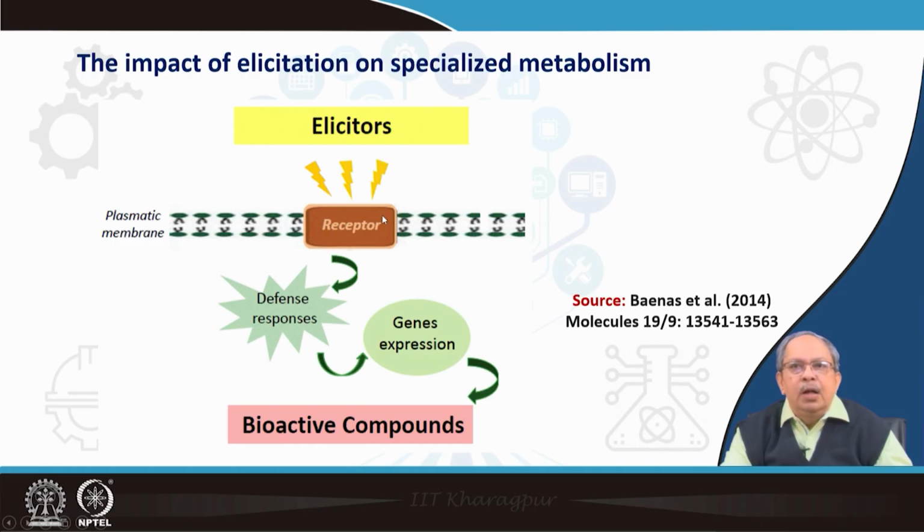Receptors are nothing but a type of protein, which will recognize this elicitor, and once they recognize it, certain metabolism is activated. We will talk about that a bit later. As a result, there will be induction of a defense response, with a lot of physiological changes, including the expression of genes related to the formation of defense compounds, which are the specialized metabolites, the bioactive compounds we are looking for.